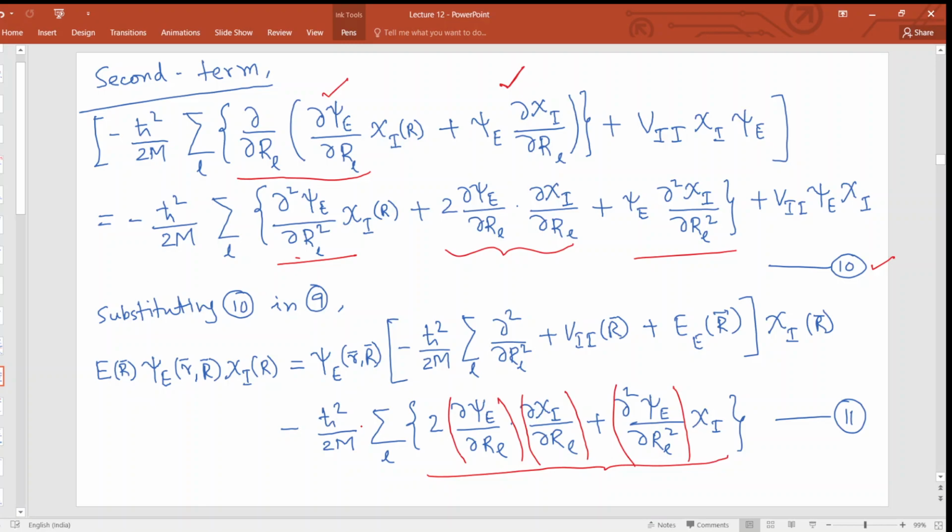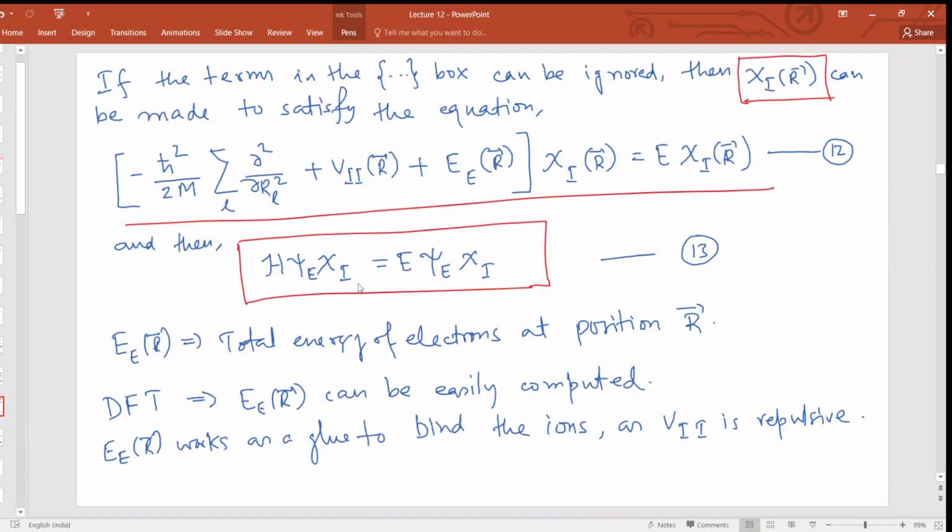So in viva, you might be asked this question: what is Born-Oppenheimer approximation, and what is the consequence of it? So this is the consequence. Basically, we can decouple, and that is why we can get rid of these product terms which are interdependent, like psi E with capital R. So then we got this nice equation, and from there we can actually calculate EE, the total energy of the electrons, and DFT can easily help you.